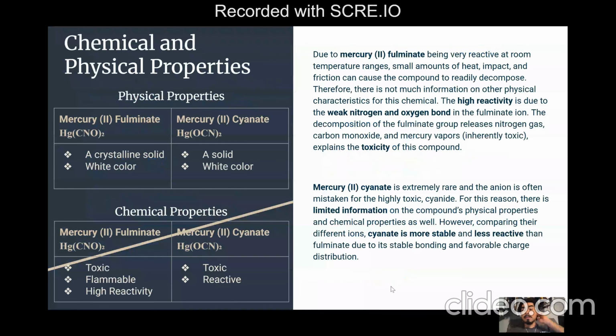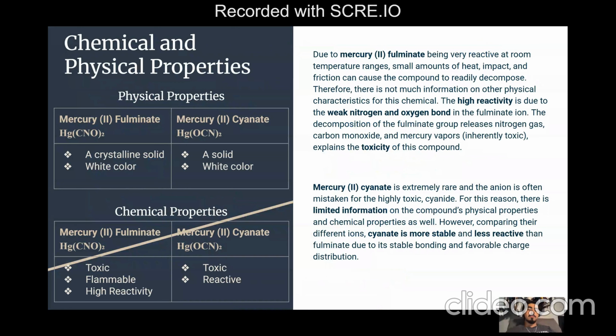So, for chemical and physical properties, mercury 2 fulminate is a crystalline solid and is white in color. Mercury 2 cyanate is a solid and white in color as well. Chemical properties for fulminate. Fulminate is toxic, flammable, and highly reactive, while cyanate is toxic and somewhat reactive.